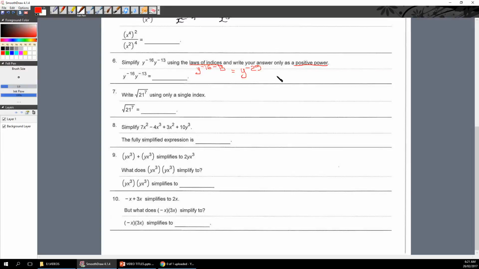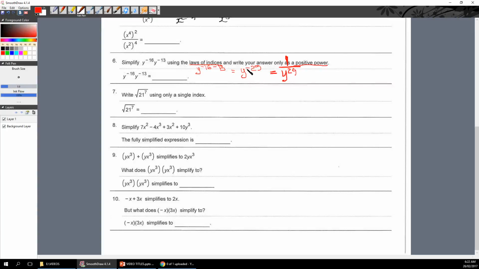Okay, now that's y to the negative 29, but we want a positive power. To make that into a positive power, y to the negative 29 is equal to 1 over y to the 29.